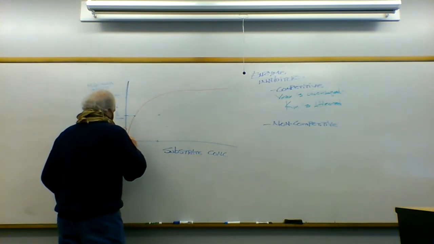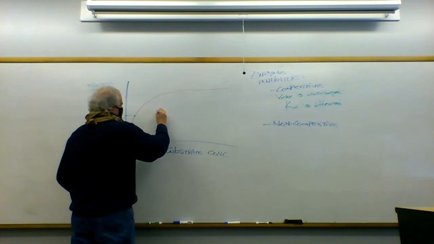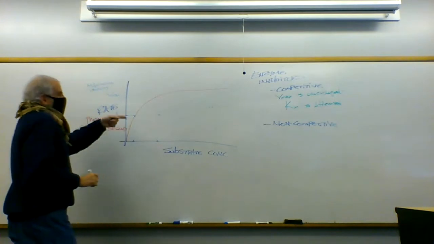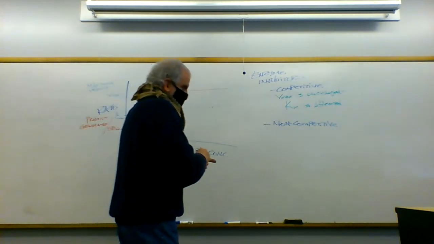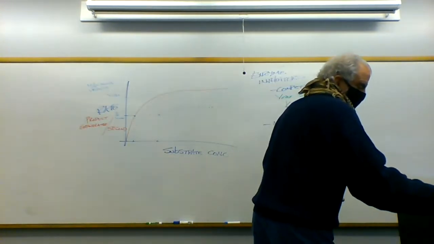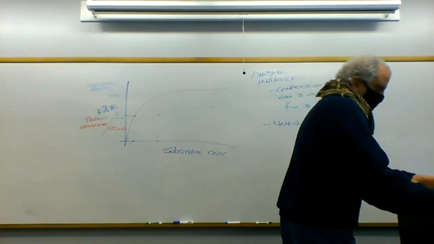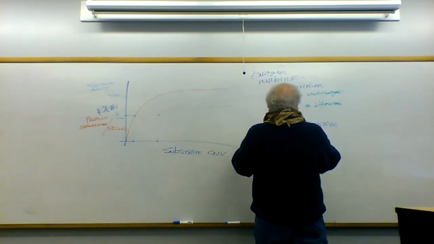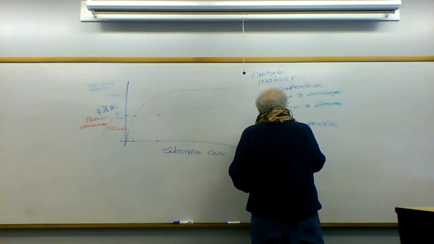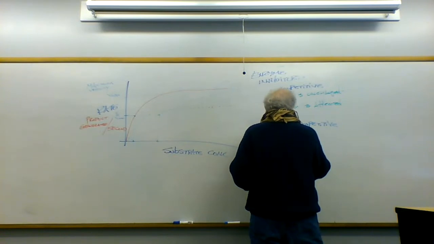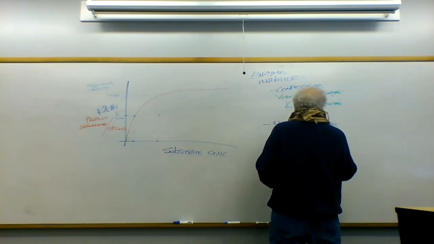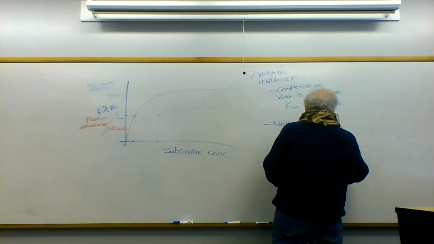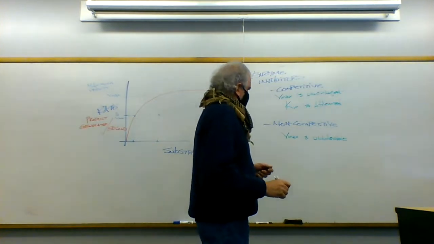A non-competitive inhibitor is one where Vmax is never achieved. So, in a non-competitive inhibitor, Vmax is unachievable. Not gettable.